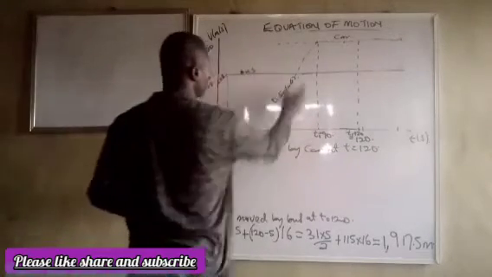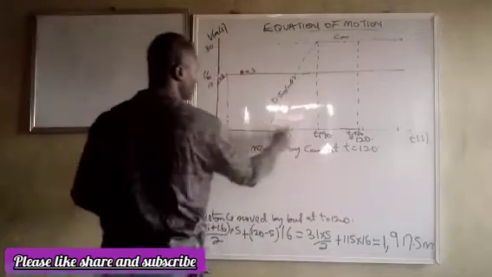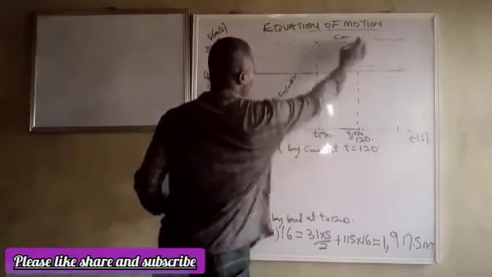So it's going to be, what is the vertical distance? 30. And the sum of the half of this.